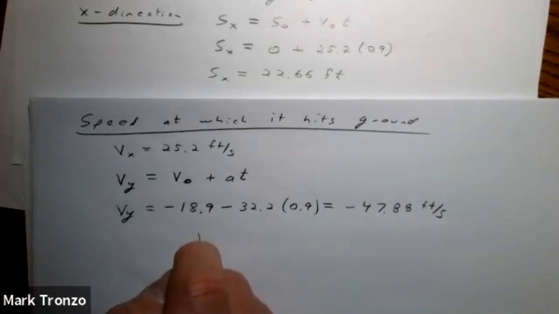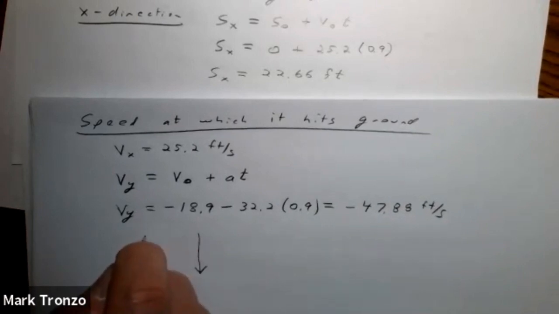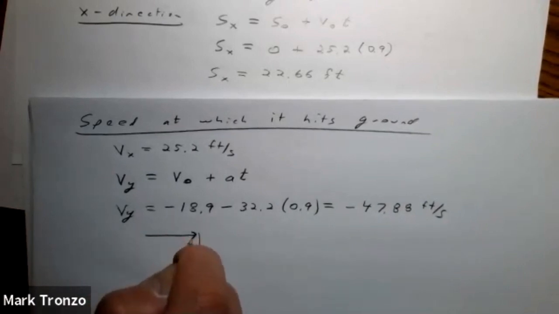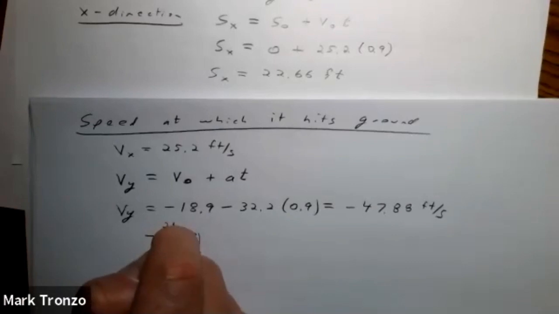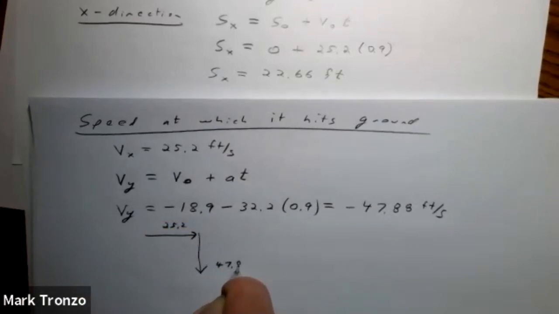So what that's saying is it's going down in this direction. This is 25.2 and this is 47.88.